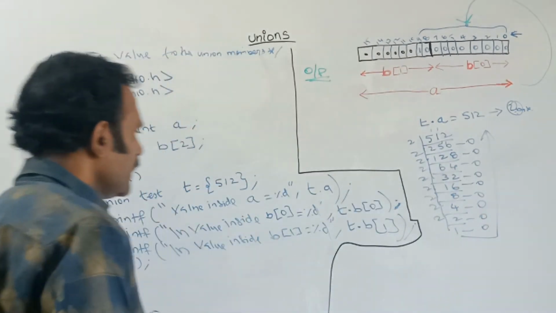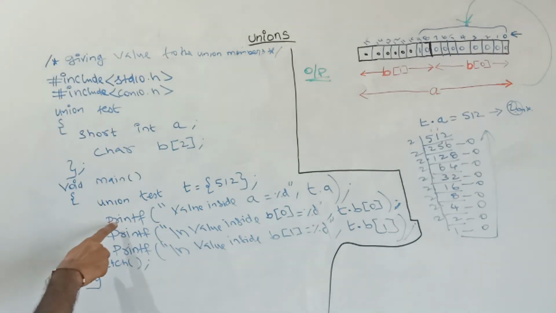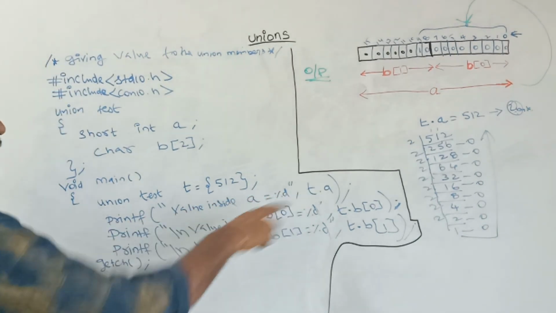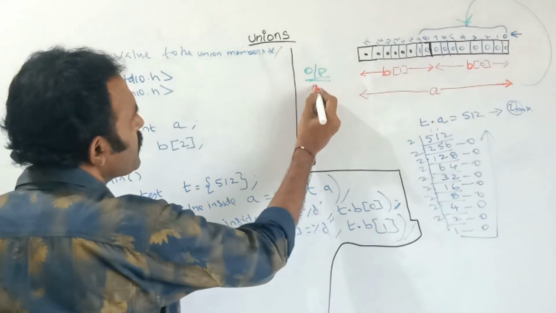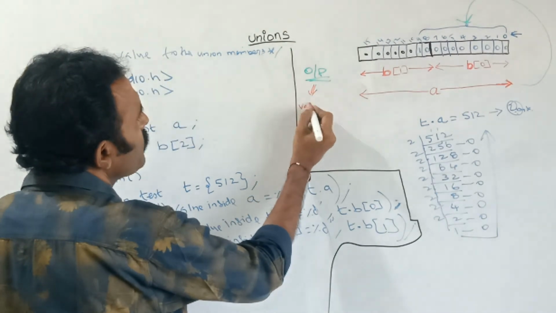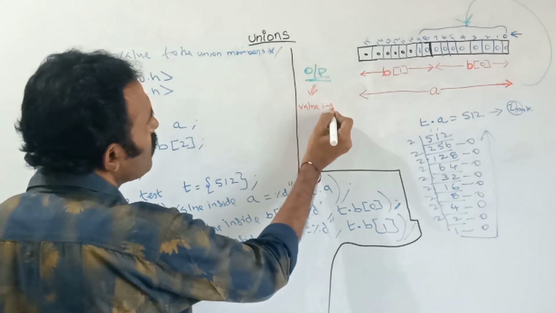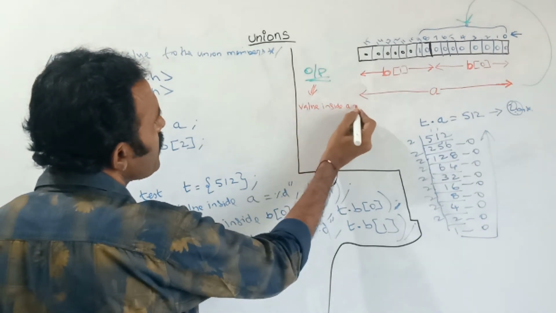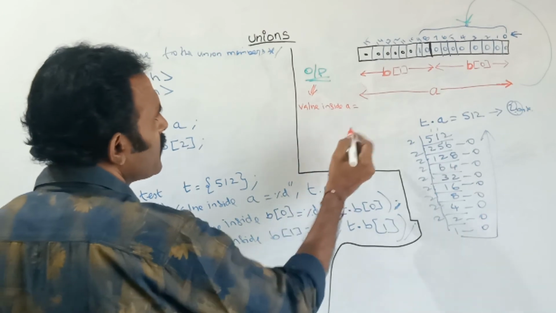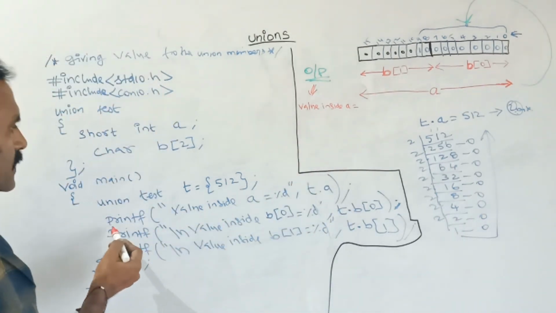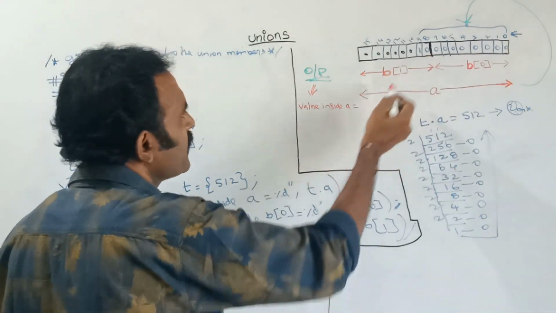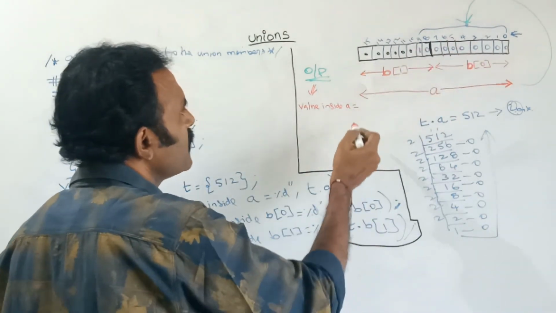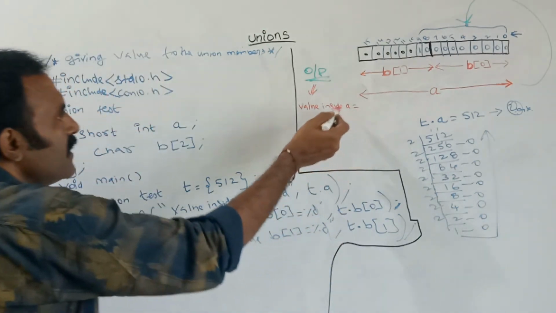See, now here I am telling to print the value inside the A, that is T.A. So in the output it will print like this. Value inside A is equal to how much? Here now I am telling to print the value of A. While printing this, it will convert into the decimal value, and only the decimal value will print here.